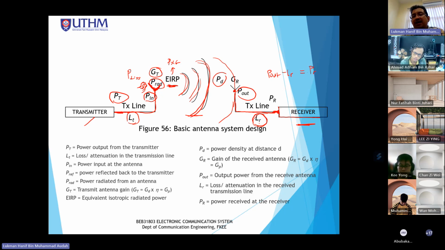Similar on this side, P transmitter minus LP, we're going to get P in, the P input. So the losses need to be subtracted from the source power.